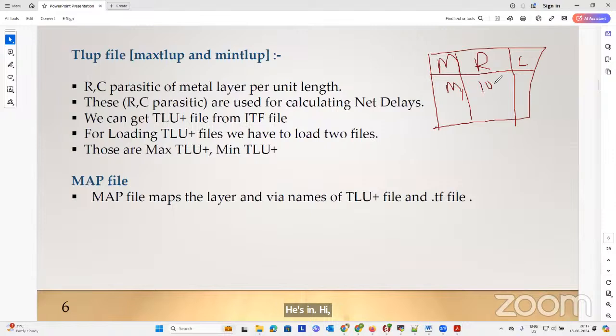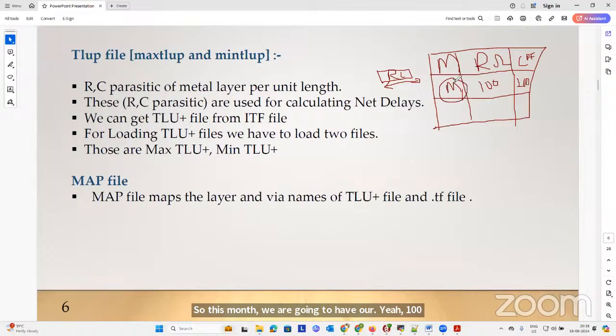100 ohms and the C value is 200 picofarad. This information is for metal 1, and the unit length is this much size. For this unit length we have RC values in table form, 100 and 200. 100 into 200, whatever that value is, that much delay we will have in the TLU+ max and min files.